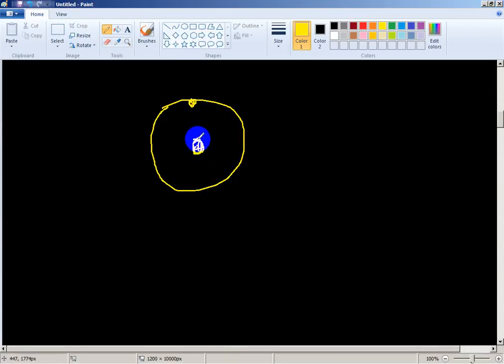Look, this is the nucleus. Around the nucleus, the electron moves in a circular path. This path or route is called an orbit.